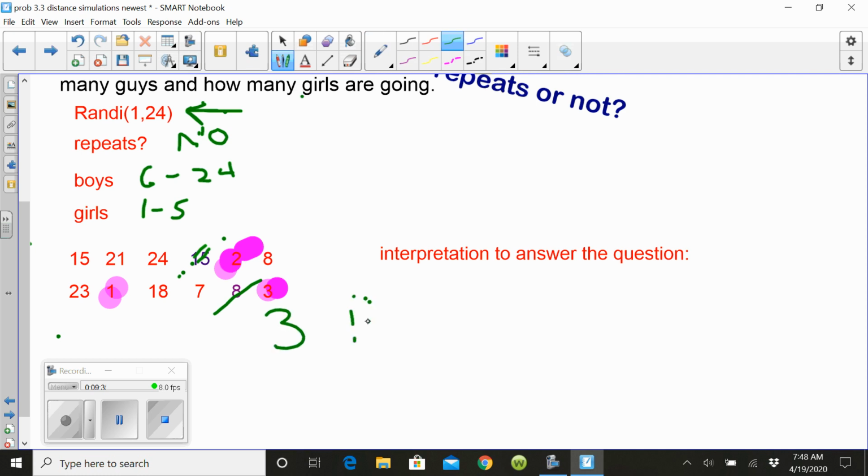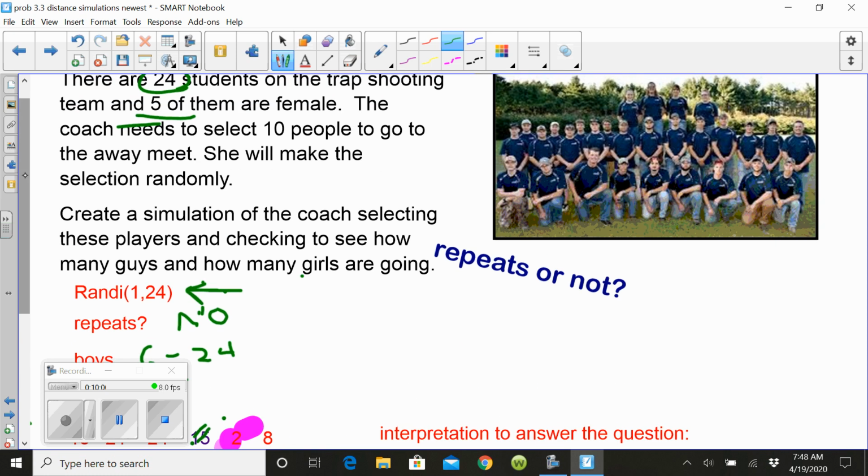Sorry, let me try that again. 3 females and 7 guys, 7 males on my team. Well, 3 out of 10, that's 30%, right? And I guess I don't need the percent there, but that percent is higher than 5 out of 24, right?